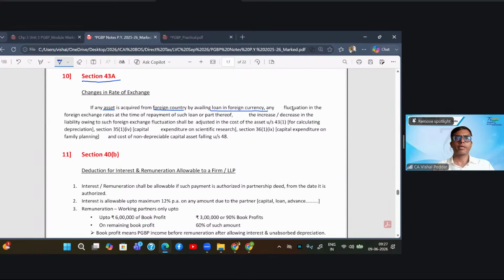In that particular case, any fluctuation in the foreign exchange rates will be adjusted in the cost of your asset. So if there is any increase and decrease over the period of the repayment of your foreign currency loan, if there is any increase or decrease in foreign currency rates, which is very obvious that it will happen, the difference, increase or decrease, will be adjusted in the cost of the asset.